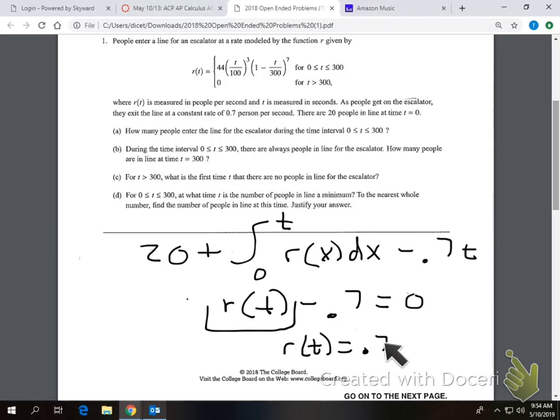My suggestion would be go in and make a second equation of y equals 0.7. So graph this and find the points of intersection. You're going to have to change your window. You know your window's somewhere between your x values between 0 and 300. You following me? And you're going to have to find those t values.